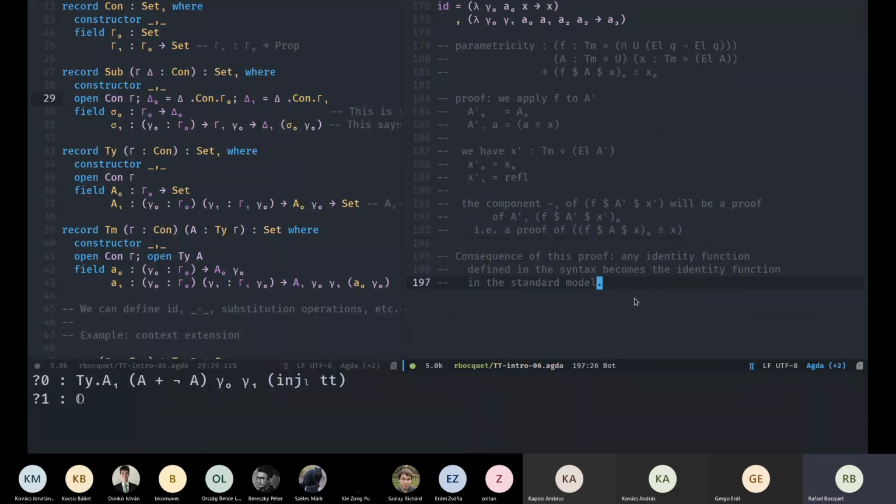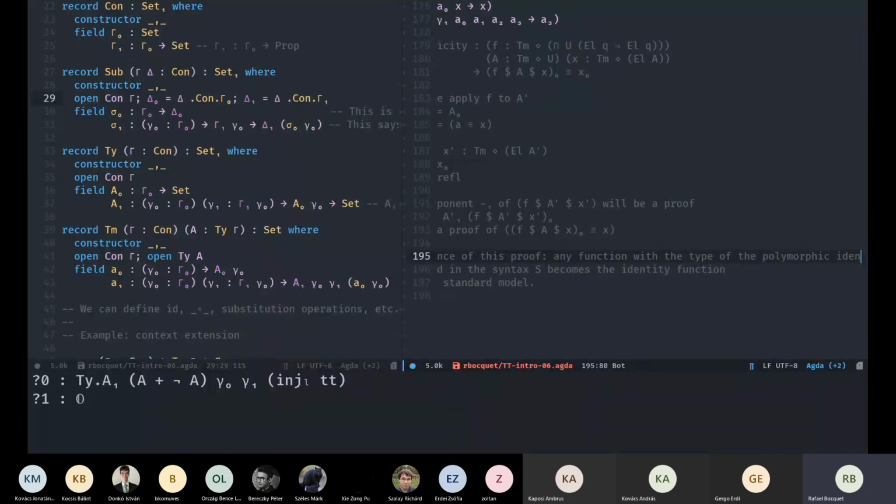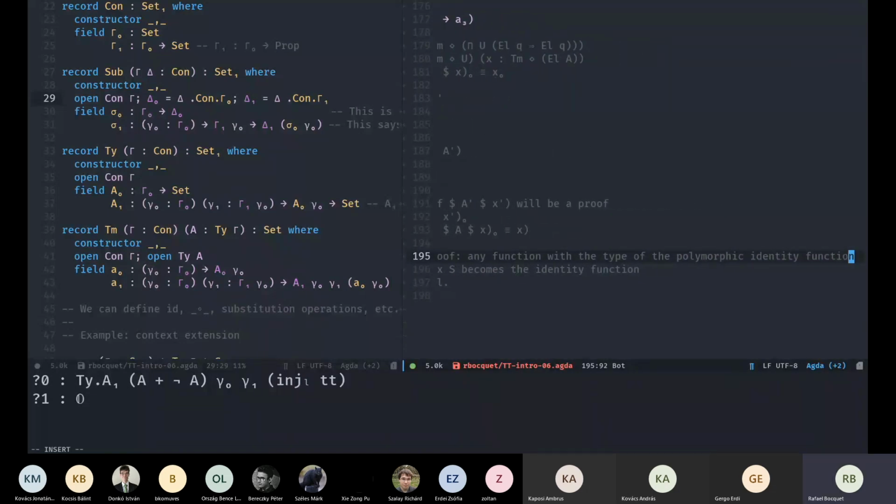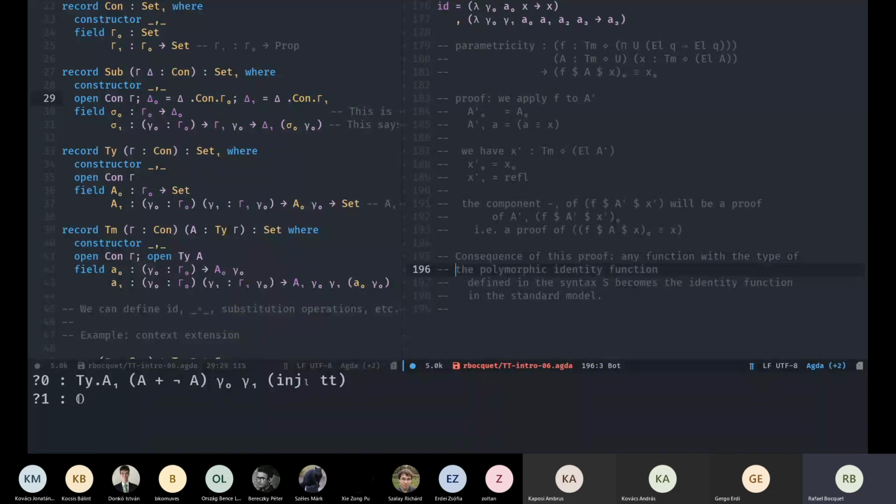Maybe it's a bit more precise if we say that any function with the type of the polymorphic identity function defined in the syntax.